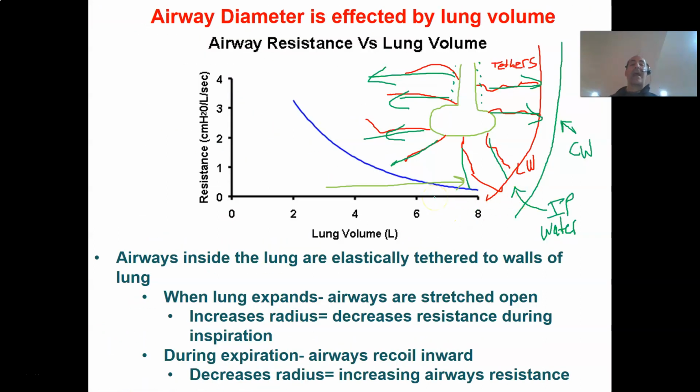And as the lungs compress when you're expiring, those tethers that are attached to the lung, that are ultimately attached via the interstitial space, the water, to the chest cavity, start to loosen up again. And so they go back to their original radius. And therefore the resistance increases.